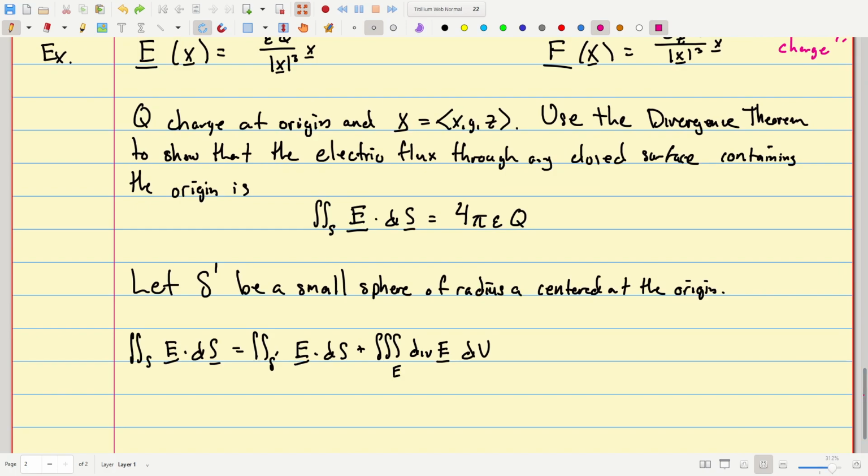So let me explain this a little bit more carefully. Here we have S. We are using the divergence theorem to write the second line.